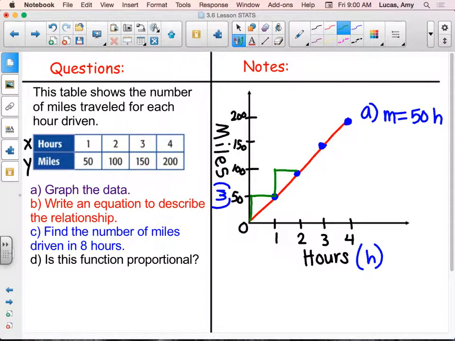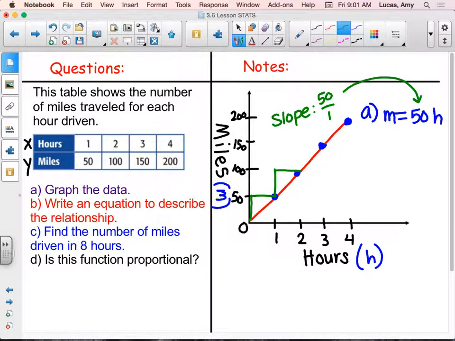So the slope would be 50 over 1, or the rate of change, 50 over 1. So I put the slope right here in front of my variable h. So I've got my dependent variable m equals my rate of change, 50, times my independent variable h.